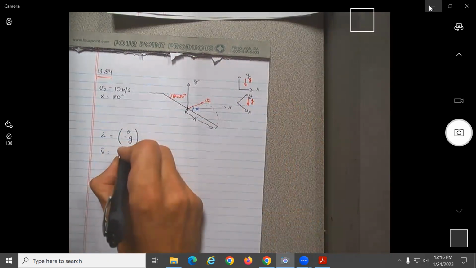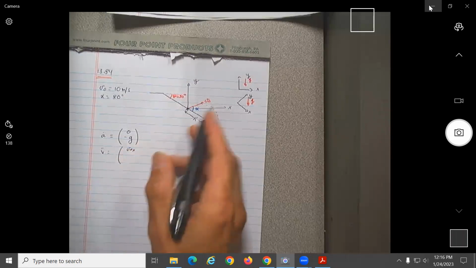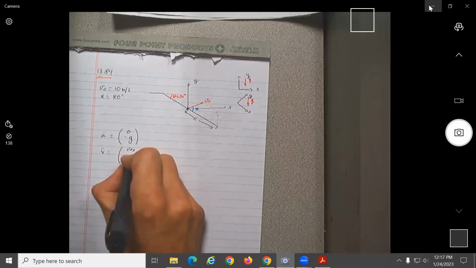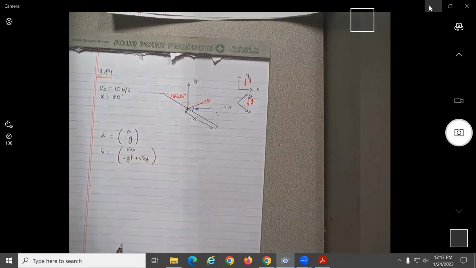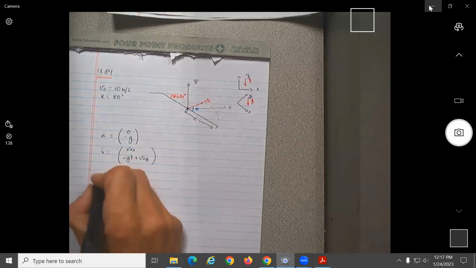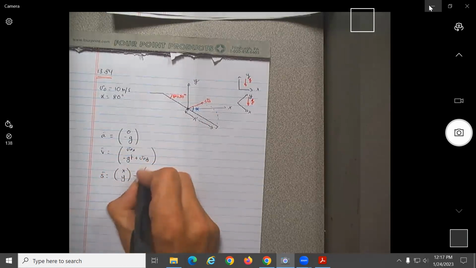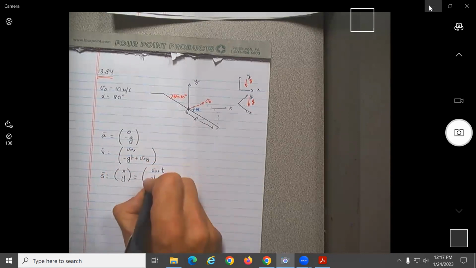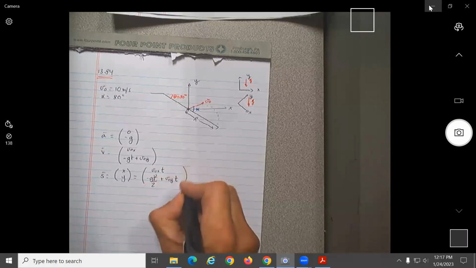V would be V naught X, which would be whatever is the sine over cosine, and this would be minus gt plus V naught Y, no? And then you will have here S equals (X, Y), which will be equal to V naught X t, minus g t squared over 2 plus V naught Y t, no?